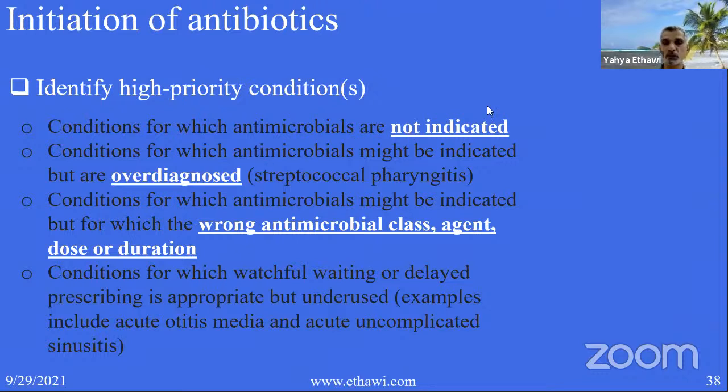Either the antibiotic is not indicated, such as when you have a viral infection, or overdiagnosed, such as streptococcal pharyngitis, or you're using the wrong antimicrobial class or agent, or you're using the wrong dose. This is a big problem. You start antibiotics, but you don't check the dose. You think you know the dose.